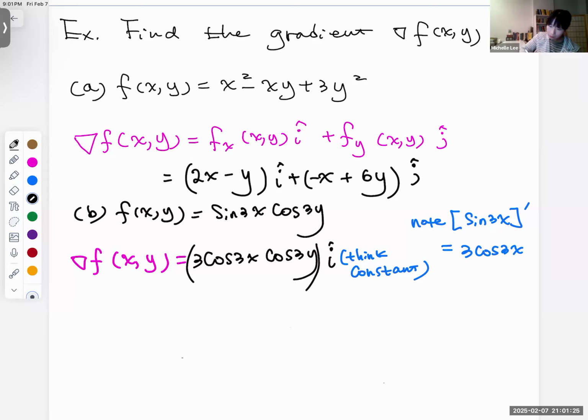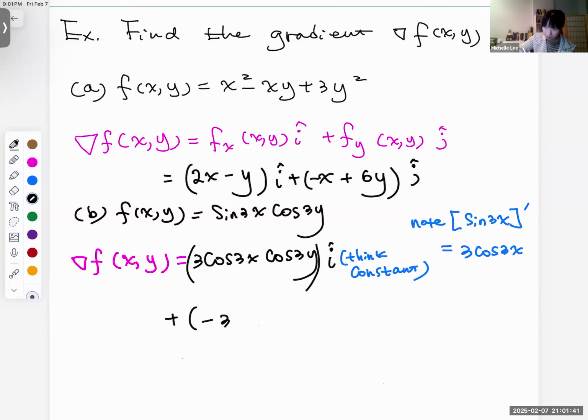So we have negative sine, I'm sorry, the derivative of cosine is negative sine, so negative sine 3y, and the constant we keep, so sine 3x, yeah? j.